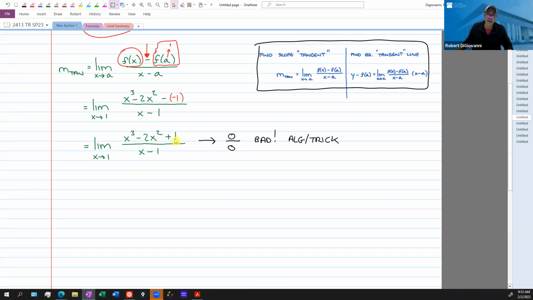So you cannot treat this like a quadratic, because this is x cubed, so you can't do that whole AC method or whatever you learned to factor quadratics. And there's no GCF to pull out. So you are kind of stuck at this point, not knowing how to factor that numerator.